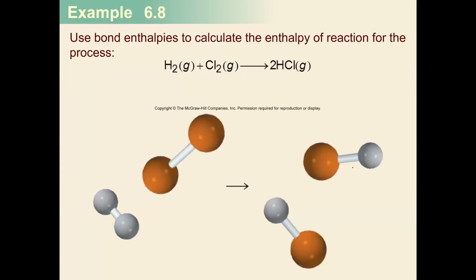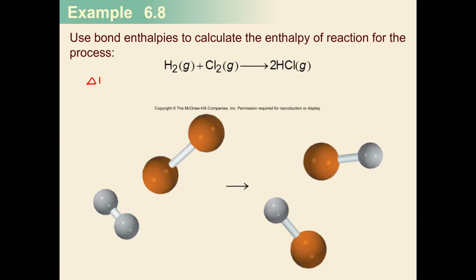So let's try a couple of examples. Use the bond enthalpies to calculate the enthalpy of reaction for this process. We are going to take H2 and Cl2 and hopefully form HCl gas. So how can I do that? Well, let us go and do our equation.